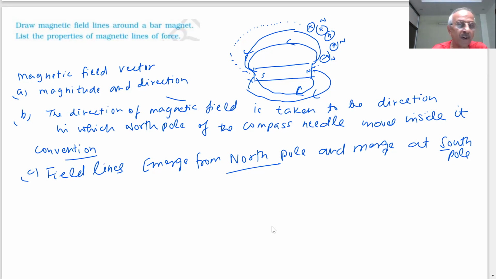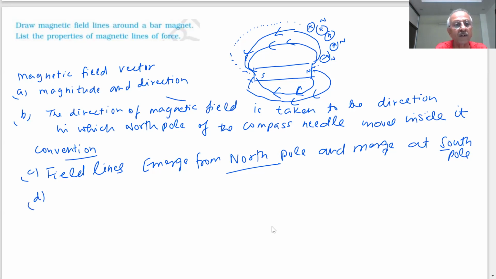The arrows marked on field lines, this is how we should draw the arrows. The arrows दिख रहे हैं, इस तरह से चल रही field lines. North से emerge, south पर merge. So inside the magnet, the direction of field line is from the south to the north pole.